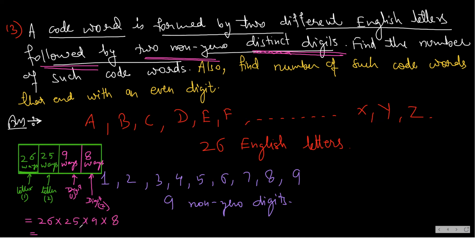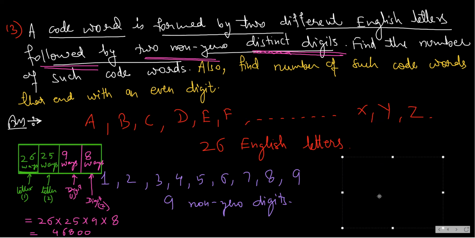So 25 into 8 is 200. I just have to get 26 into 9. 9 6s are 54, 9 2s are 18, and this is 234. So I got 234 into 200, that is 46800. So I can form these many code words as per the given instruction.